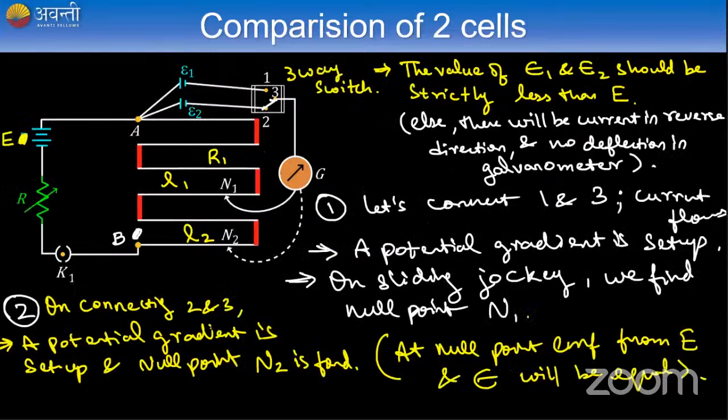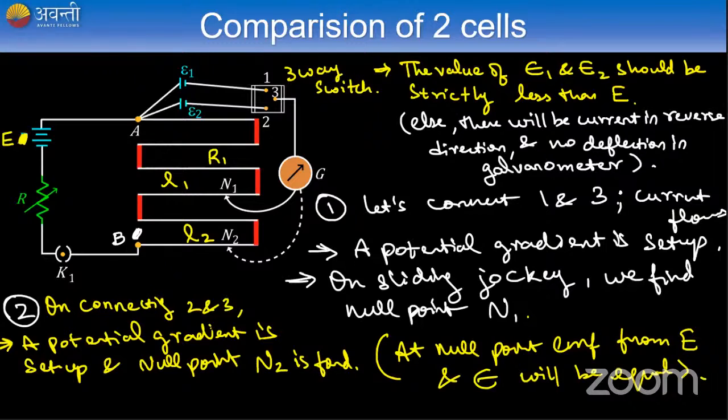I'll just summarize quickly. We consider this potentiometer. Now I have two EMFs, epsilon 1 and epsilon 2, and I have a three-way switch. This three-way switch has the capacity to connect any one of the EMFs at one time, only one. So we will be connecting one test cell at one time and comparing with the external EMF.